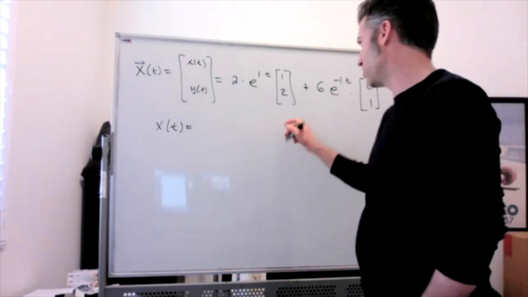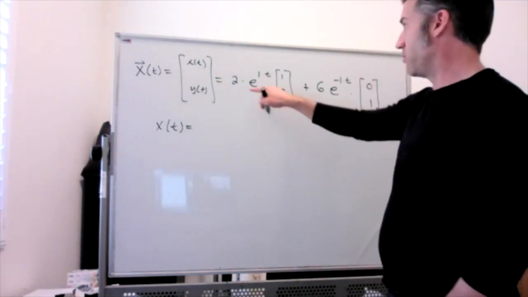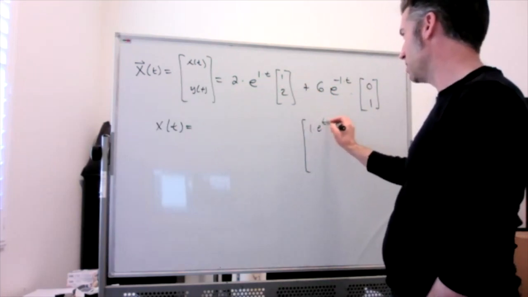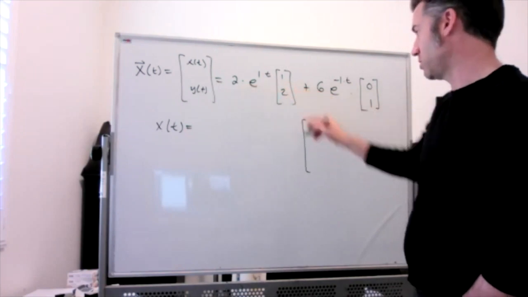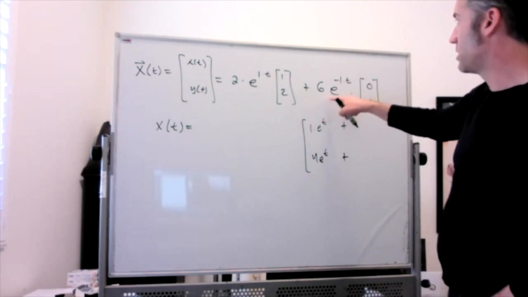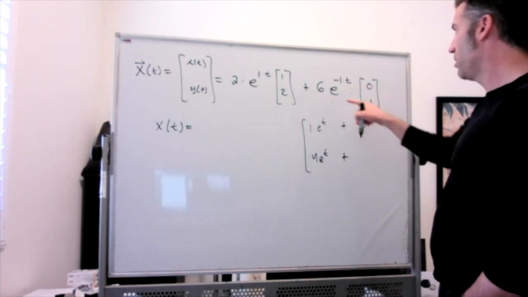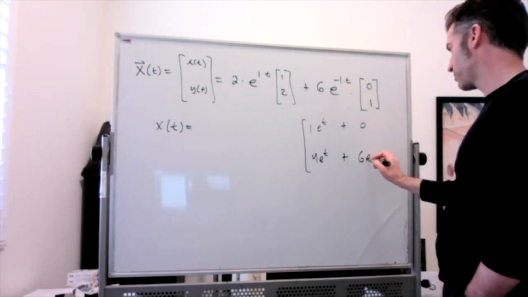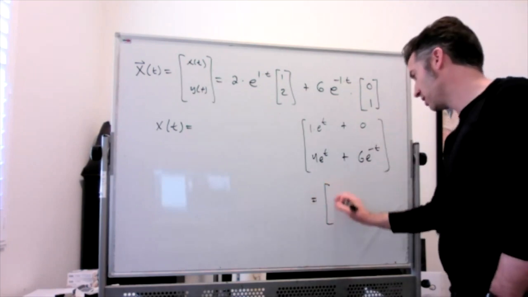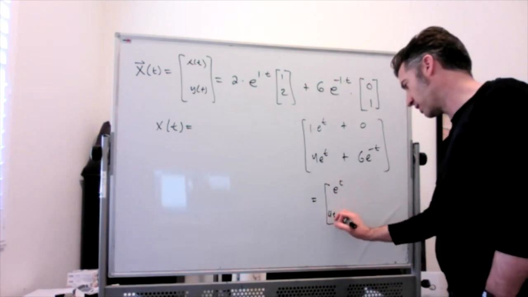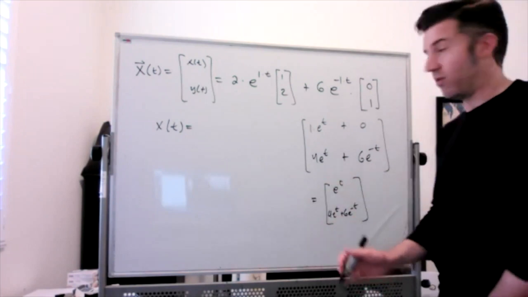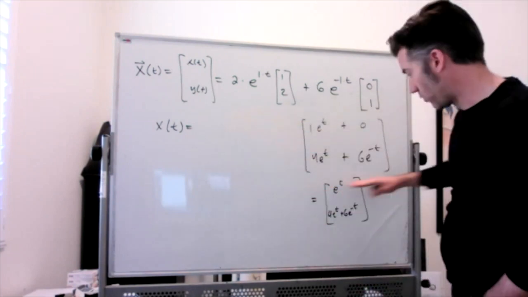It's kind of weird, but it's 2e to the t times 1, so 1 times e to the t, and then 2e to the t times 2, so 4 times e to the t, plus 6e to the negative t times 0, 6e to the negative t times 1. So you can write this as one vector, right? It's literally e to the t and 4e to the t plus 6e to the negative t. But if I want just x of t, it's what's in the first row.